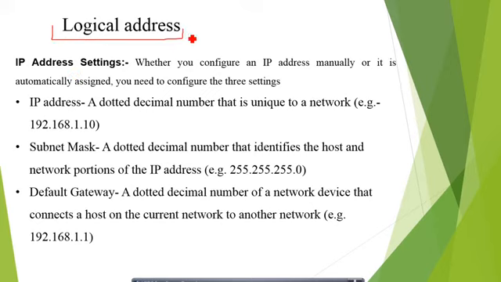So 4 octets will be there. Now you can see over here, in any type of logical or IP address, you need to configure three different settings. What are those settings?